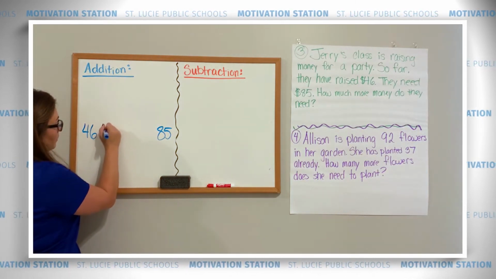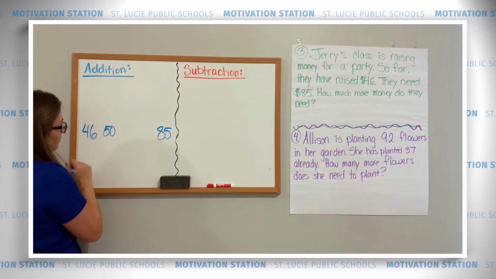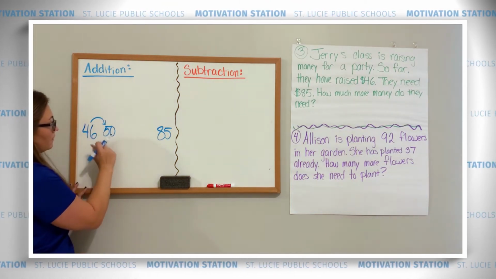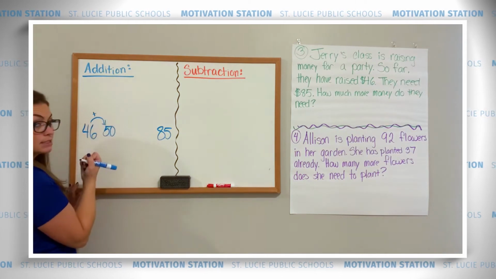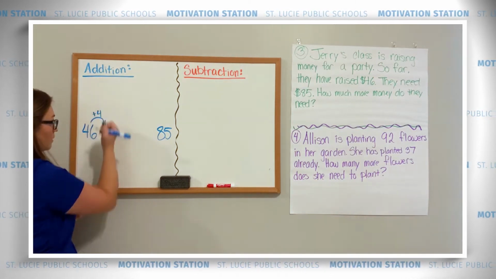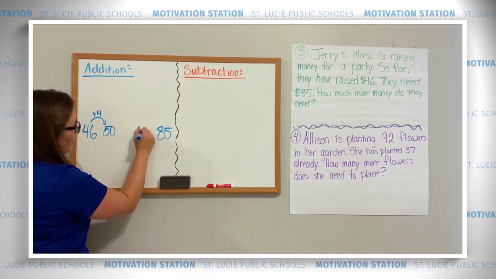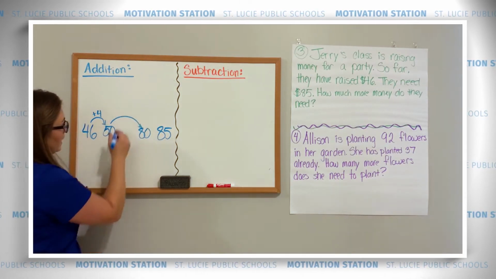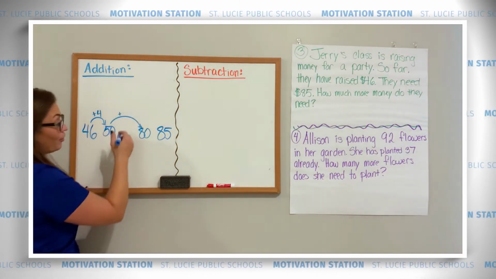The first jump I want to do is to 50, because that's a nice easy 10 to work with. 46 to 50 would be plus 4. Then I can go from 50 to 80. 50 to 80 would be plus 30.